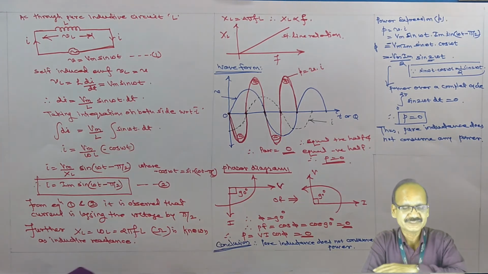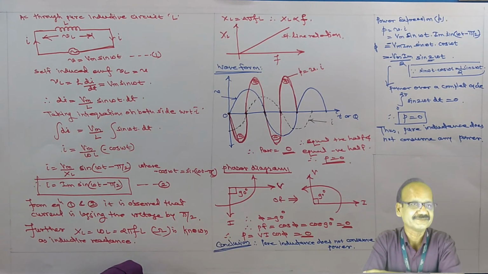This self-induced EMF takes place in any machine having windings, and because of this self-induced EMF or reactance voltage, there is delay in commutation in the machines. When v equal to v max sin omega t is the supply voltage, then current i equal to i max sin omega t minus pi by 2 indicates that current lags behind the supply voltage by an angle pi by 2.